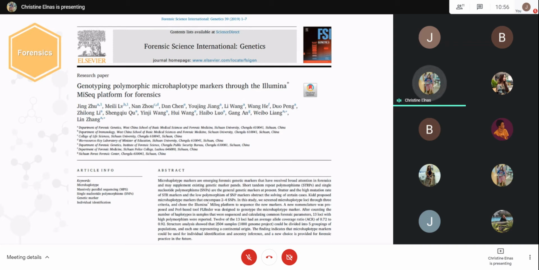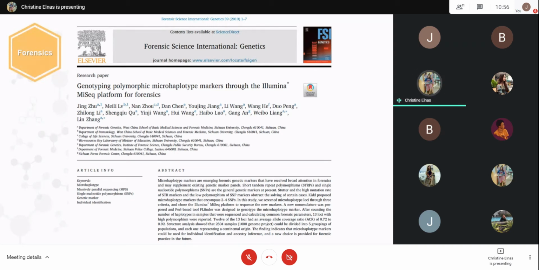By the way, microhaplotype loci, or microHAPs, also called MHs, are a novel type of molecular marker of less than 300 nucleotides, which has a really close link to SNPs.